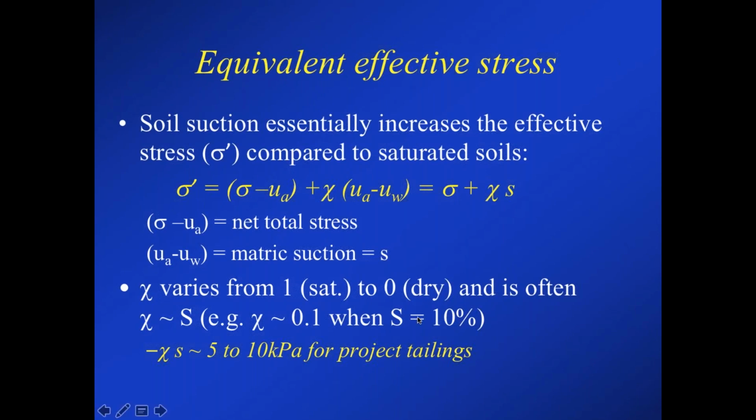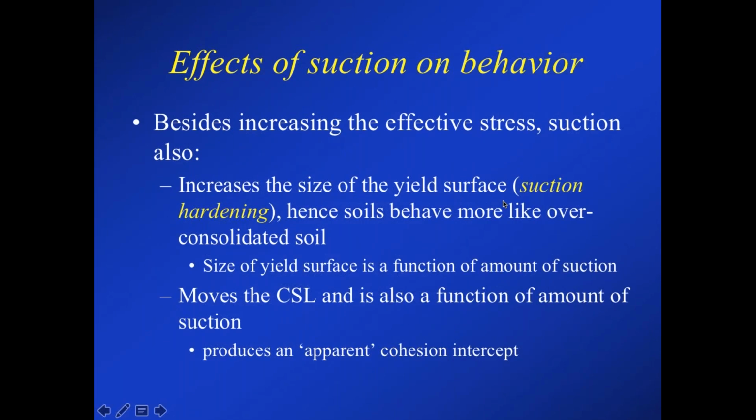Where the total stress may only be 20 or 30 kPa very close to the surface, adding on 10 kPa can be a significant addition. But once you're 20, 30 meters down in this stack, the total overburden pressure is very high, and the addition of the suction is very small. So we see that generally at depth, the effect of suction is minor in terms of the effective stress.